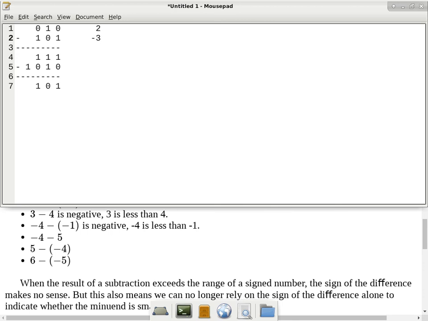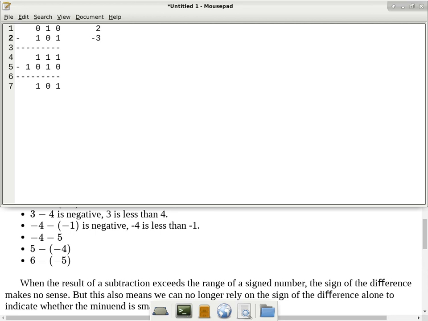But the sign bit alone is useless as well. So what are we going to do? What we need to do now is to tell that there's an overflow situation. You can look at the overflow situation as the sign bit cannot be trusted anymore.